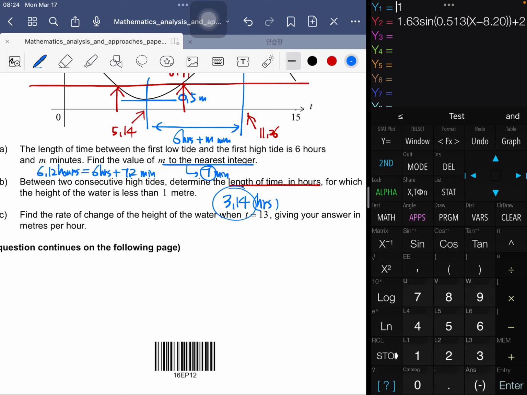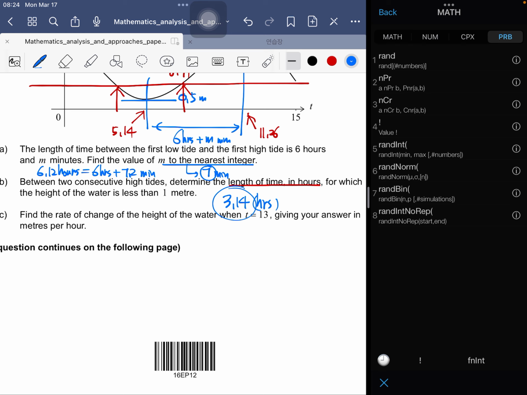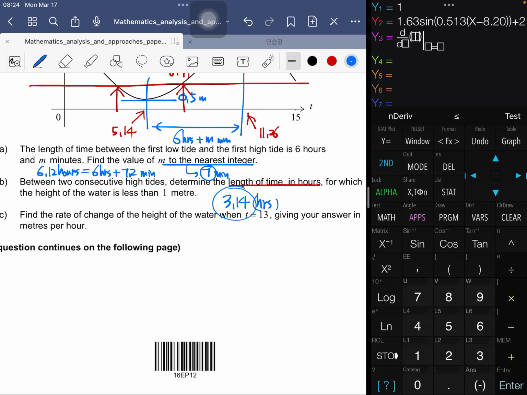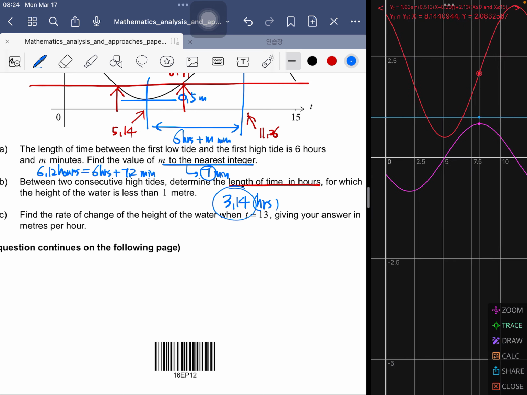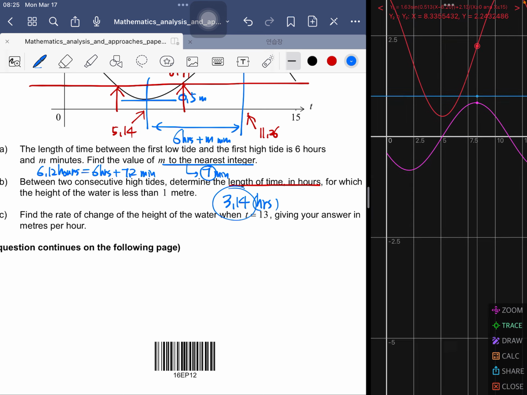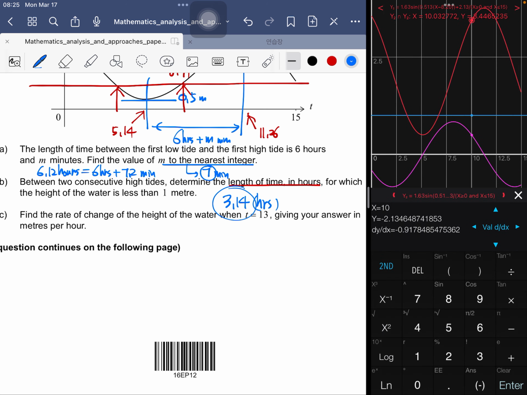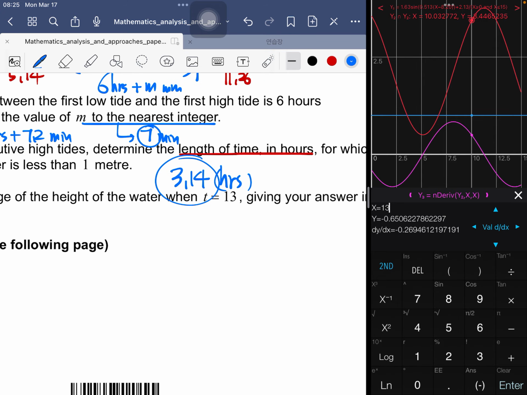So go to y3, math, derivative of the y2 function with respect to x. This is the derivative of the red function, the purple function. So we need to find the value when t equals 13. Go to the value of the third function when t equals 13 over here. Enter. So it will give us dy/dx.